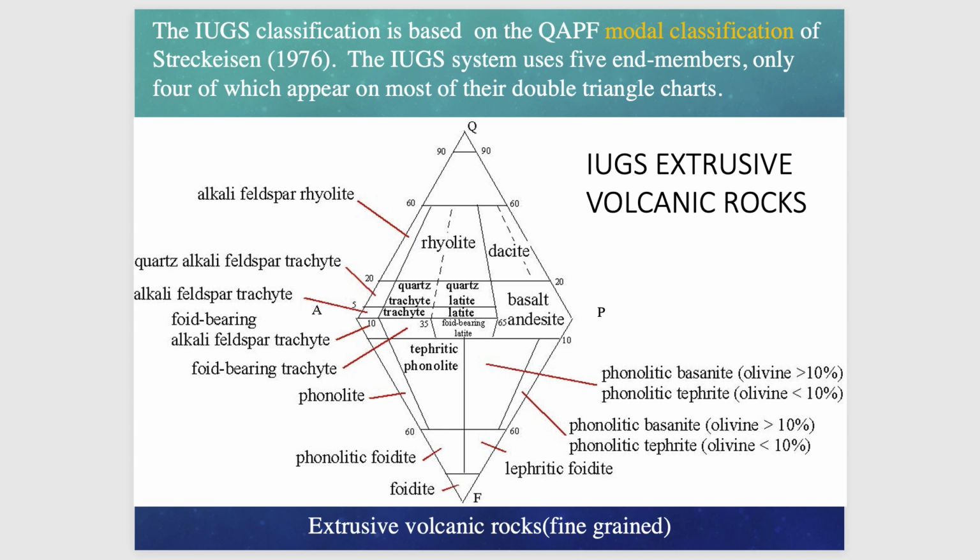So the Hughes classification is quite handy, but there are actually two classification diagrams, not just one, and one is used for the extrusive rocks, like this example here. So the volcanic rocks quite often have a different nomenclature.